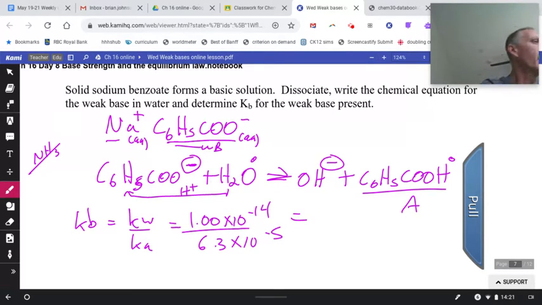You plug that into your calculator, and you get 1.6 times 10 to the negative 10. So there's the Kb of the weak base using the Ka of its conjugate acid. All right, just picking up those skills, fast and furious.